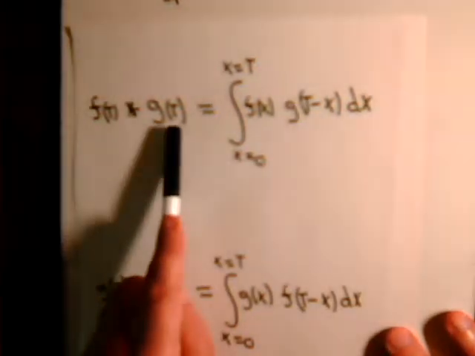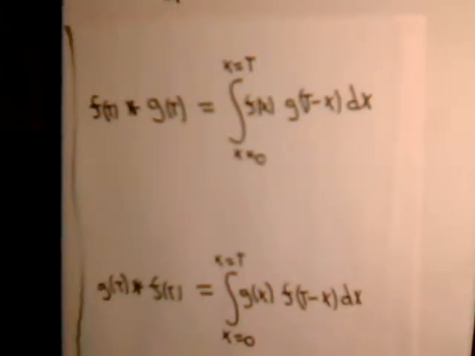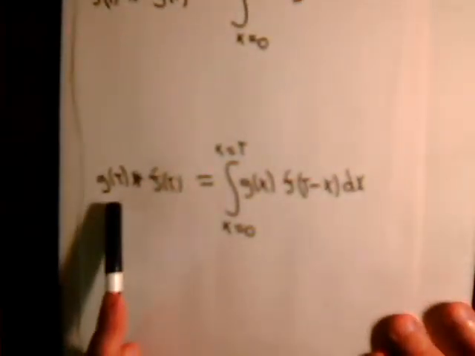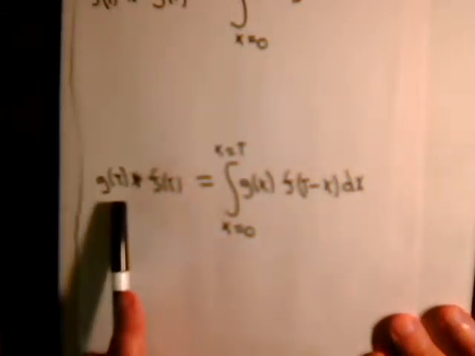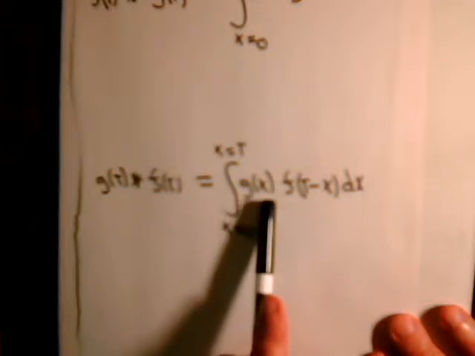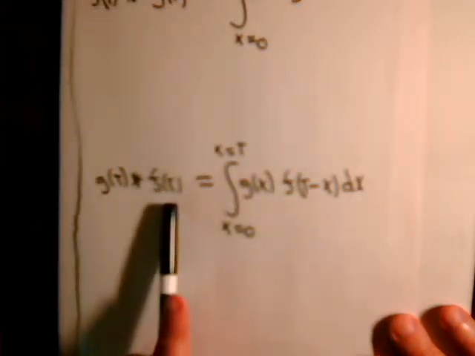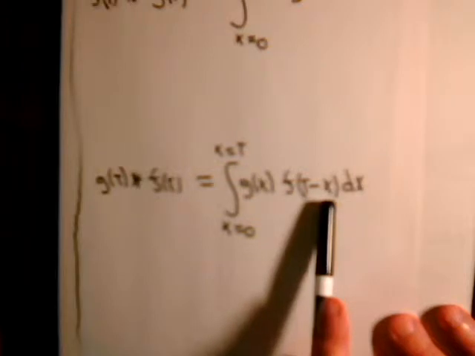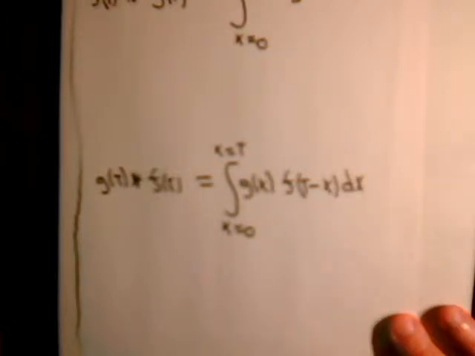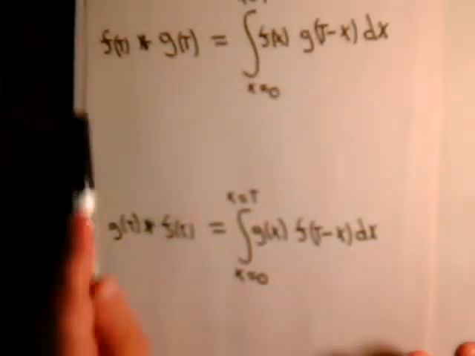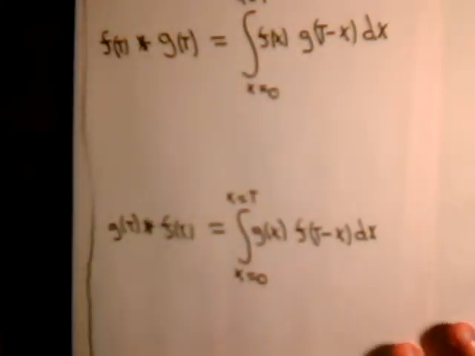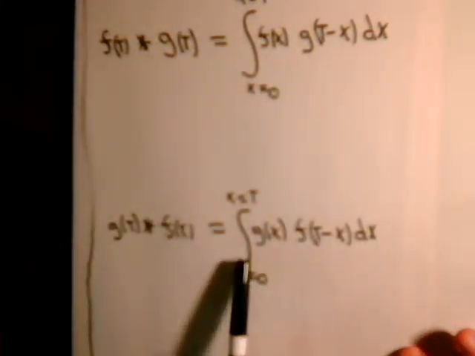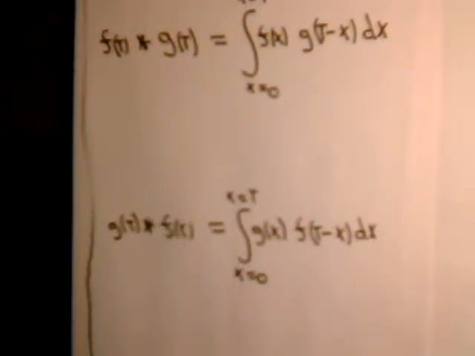Now, what happens if we write these in reverse order? g of t, f of t. Well, we follow the same formula. Instead of being a function of t, this is a function of x. And instead of this being a function of t, it's a function of t minus x dx. So notice that if you write them in different order, this is going to give you a different integral expression following the same set of rules.